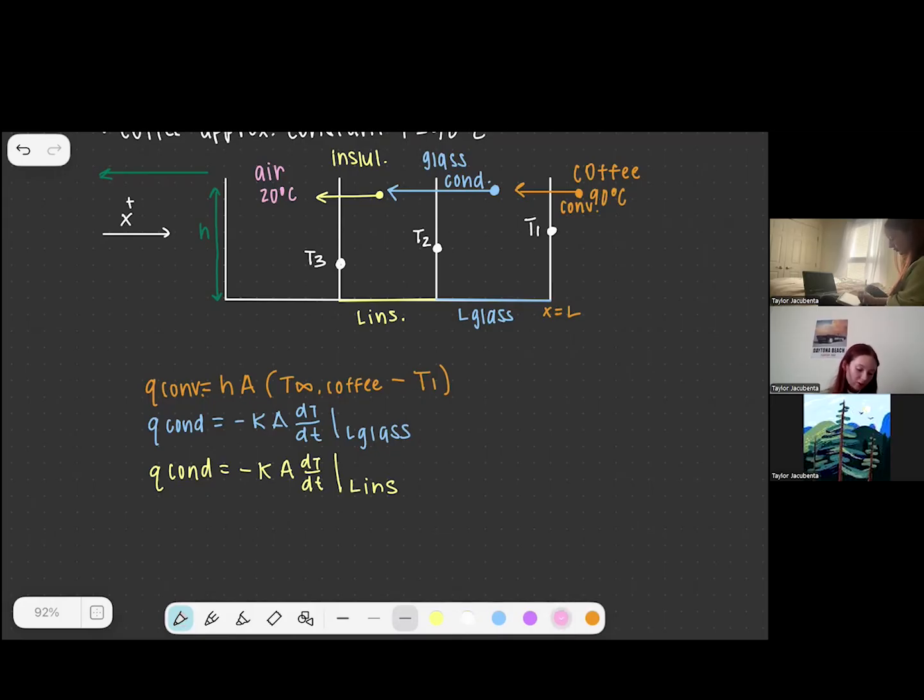And we are going to show that the heat of the air is H multiplied by the area. And we are going to have T infinity to T3. So we're going to have the temperature, which is always 20 degrees Celsius, minus T3. So I'll make that one pink here, and I will make this one to show that equation.